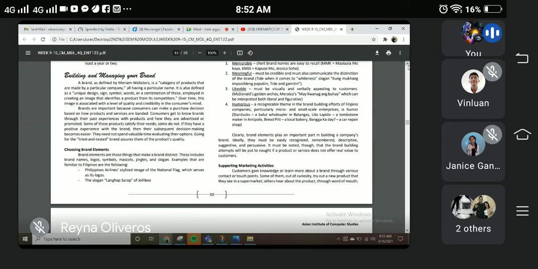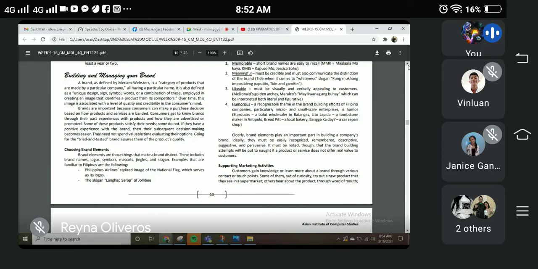Na gusto nila. Okay? Kasi meron tayong tinatawag na brand elements. When we say brand elements, these are things that make a brand distinct. Okay? This includes the brand name, their logos, symbols, of course, the mascot, the jingles, and slogan. 'Di ba?